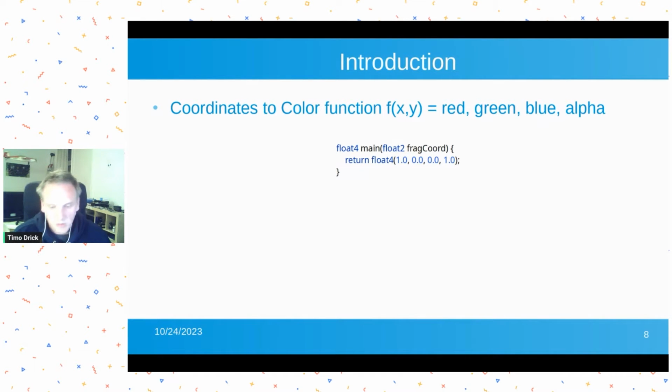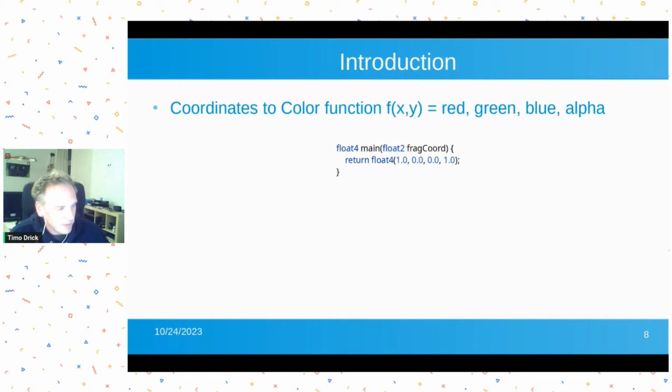So here you see a simple program which just has this main function. This is the entry point, and as parameter you get a float2 frac coordinate, and you have to return a float4. Float2, I will explain a little bit more in detail later, but at the end it's just two floating point values in an array you can think of, or you can think of it as a vector with two components, and this float4 is a vector of four components, or an array of four floating point values.